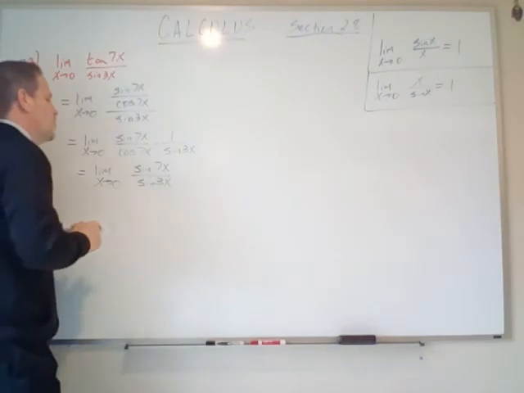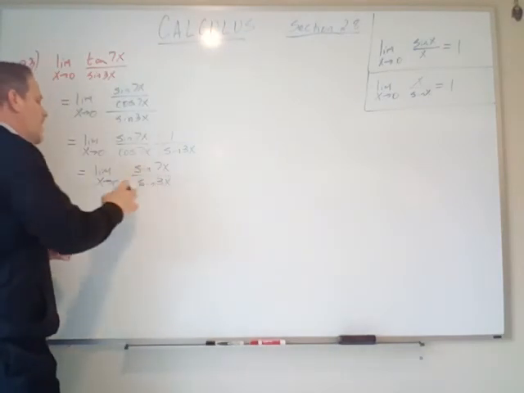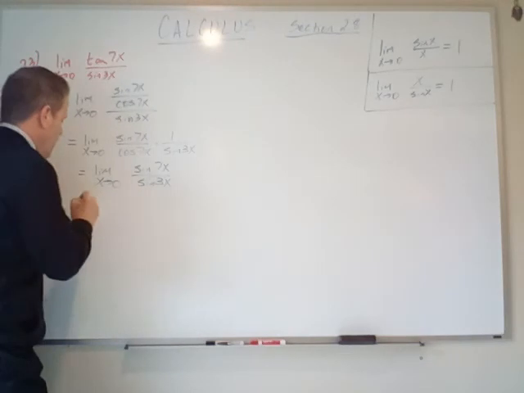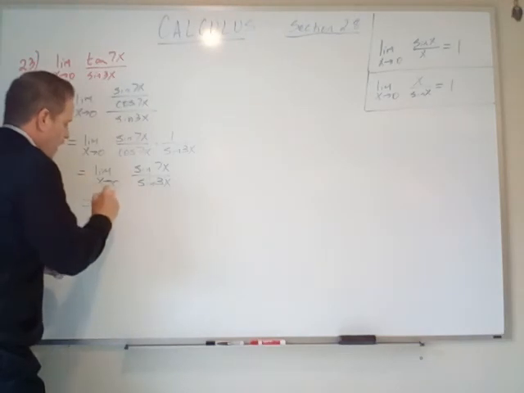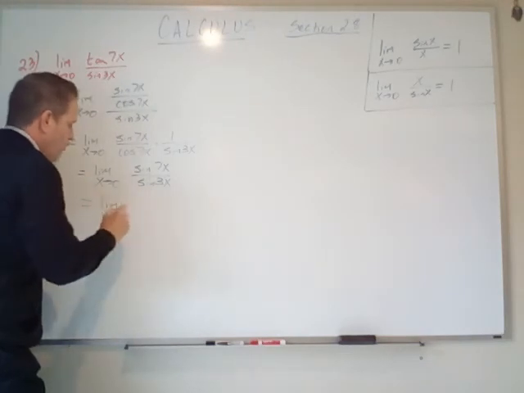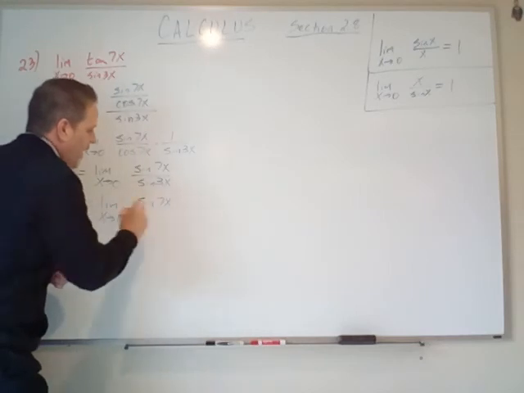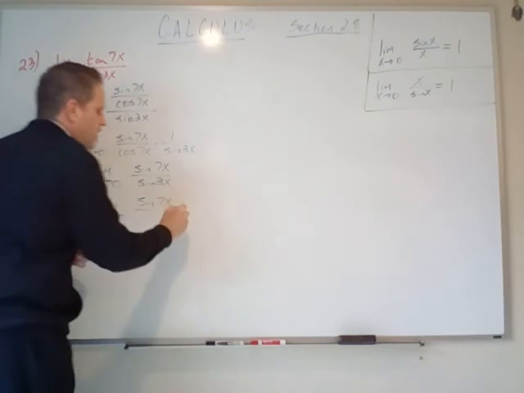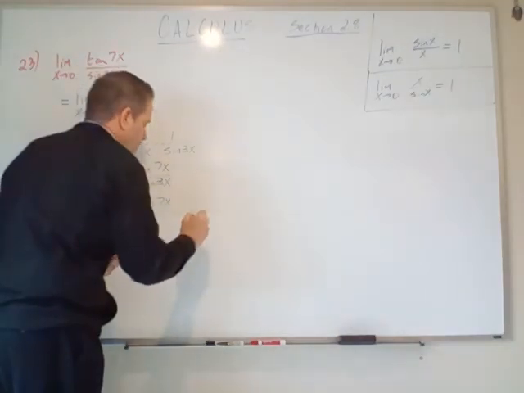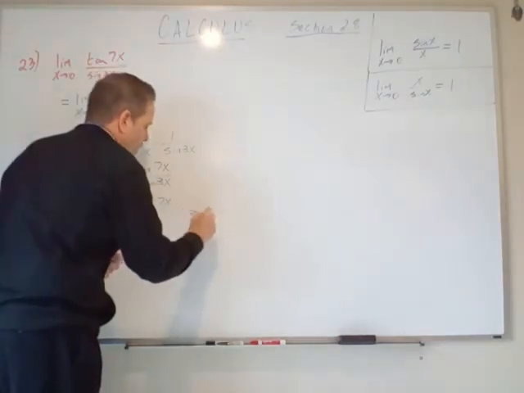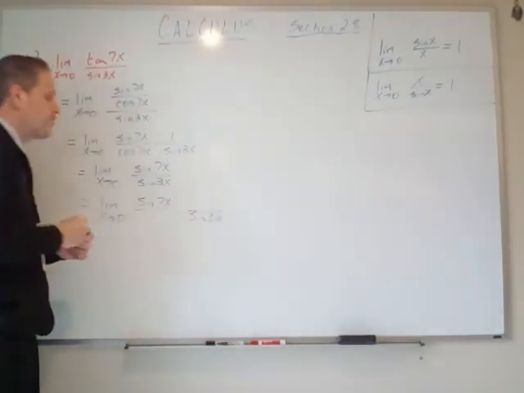Okay, and that's what we're going to do for the sine of 7x, sine of 3x. We're going to get them matched up. In order to do that, I am going to split them up. So I'm going to say I've got the sine of 7x over something times something over the sine of 3x.